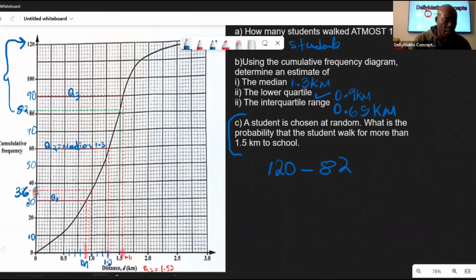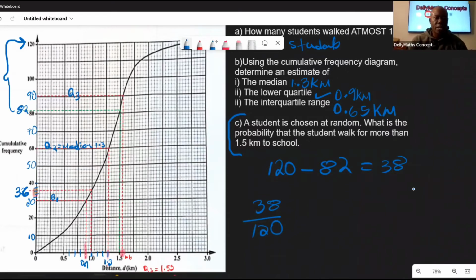When you subtract the 82 from 120, you're left with 38, but that's not the answer. That's 38 students that walked for more than 1.5 kilometers. Then, as we say, it's a probability. So it's 38 out of the 120 students.